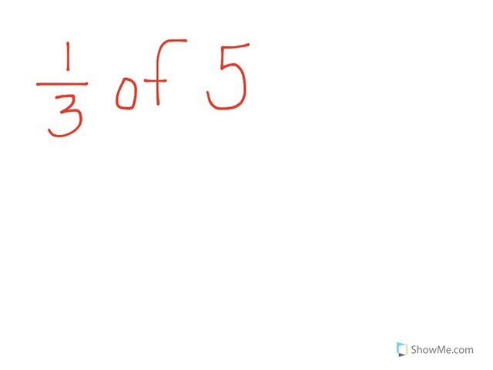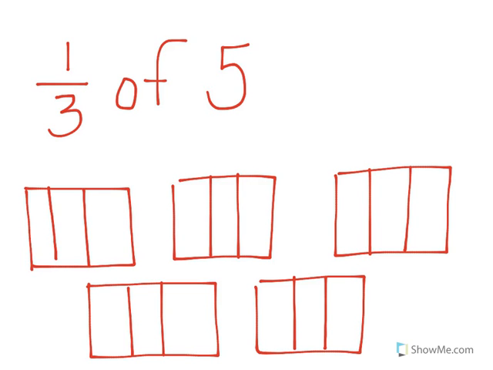Let's take a look at 1/3 of 5. If we divide 5 whole things into 3 parts, which is where we want to find 1/3, we could show that through a picture. I have 5 things, and I've divided each of the 5 things into 3 parts.